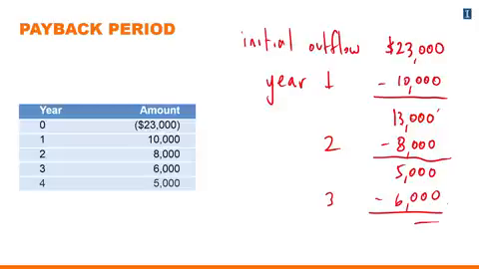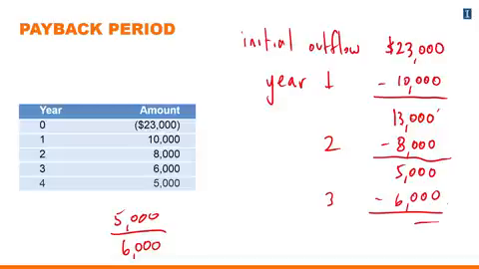If this were not the case, if it were indeed the case that cash was collected regularly throughout the year, we could see that only part of year 3 is necessary to recover the rest of the $23,000 investment. In essence, if we assume that the cash is collected evenly throughout the year, then really $5,000 out of the $6,000 of cash savings that we have in year 3 takes us down to a full recovery amount.